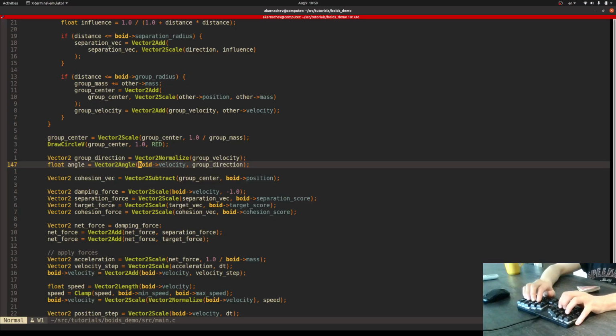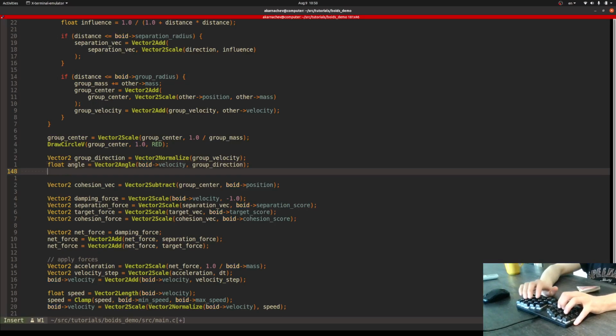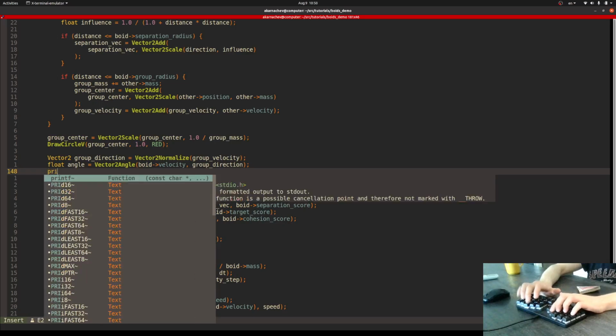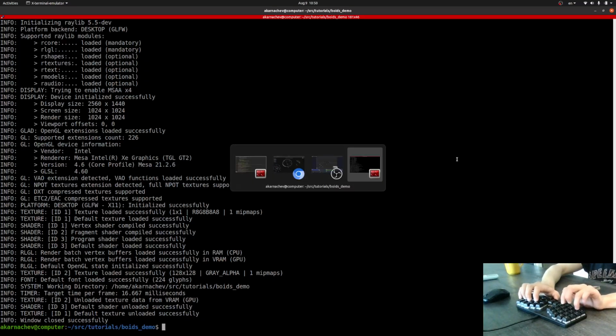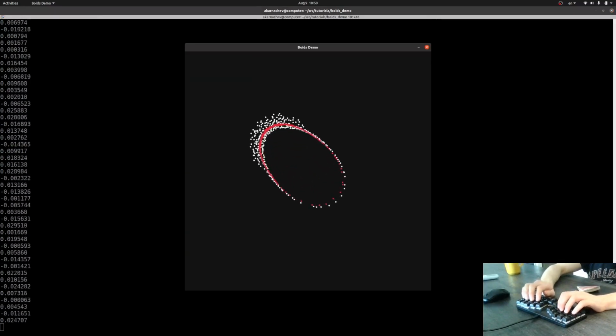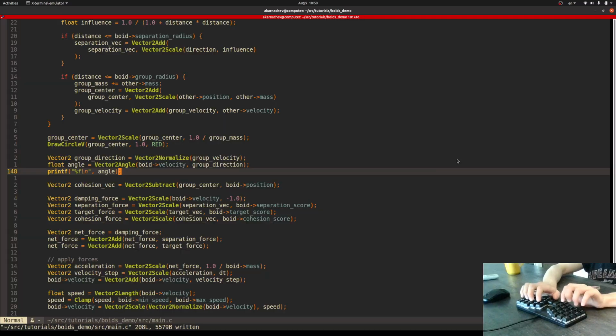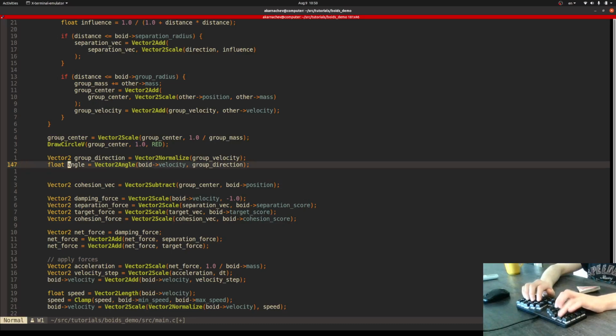So I have an angle, and let me just print this angle and check the values. Yeah, it's okay, it's radians, it looks alright.